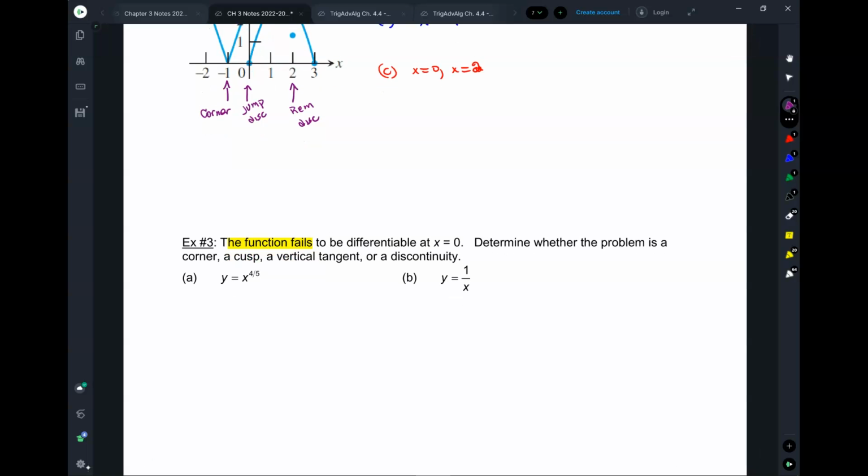In this case, it's a cusp, because you have x to the power of even over odd. So you just say it's a cusp. That's it.